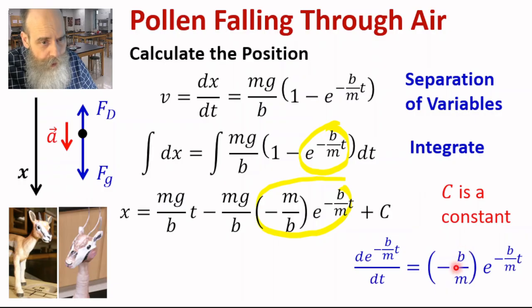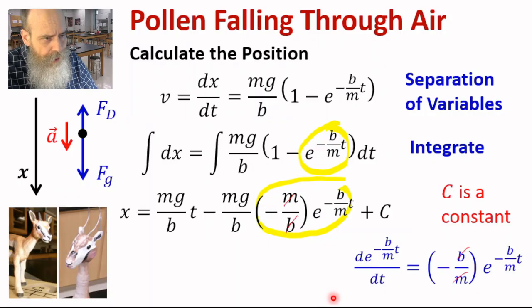So we don't want this negative b over m in front, because we want just this. So that's why we multiplied by negative m over b. If we multiply by negative m over b, then the m's cancel out, and the b's cancel out, and negative times a negative is positive, and so we get e to negative b over mt. So that's just a verification that this is the solution of this integral.